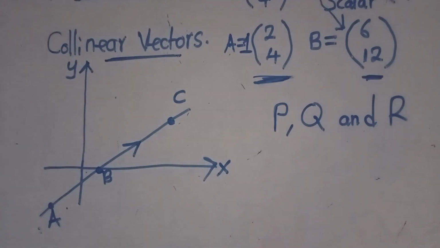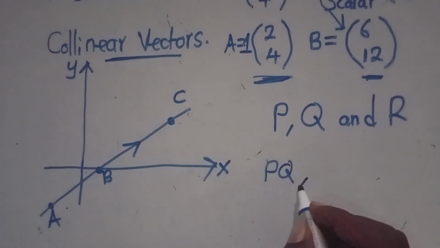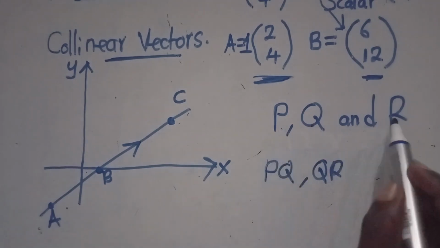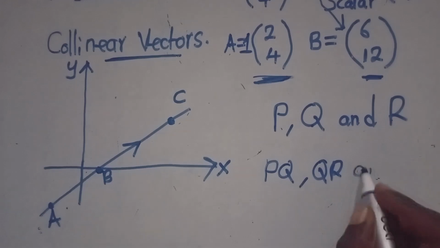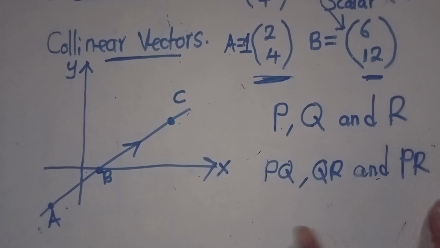You discover that the directed line segments are PQ like this, QR like that, and PR like this. Meaning that they are collinear.